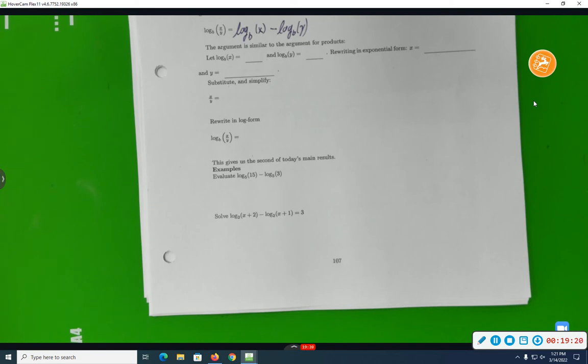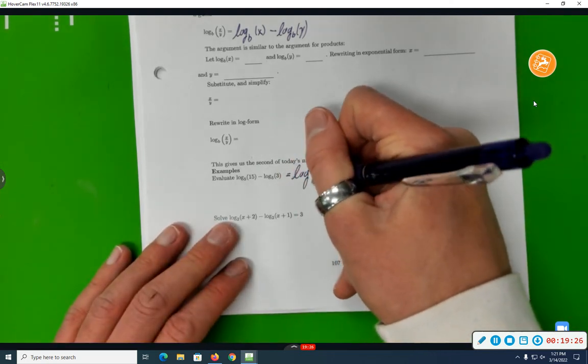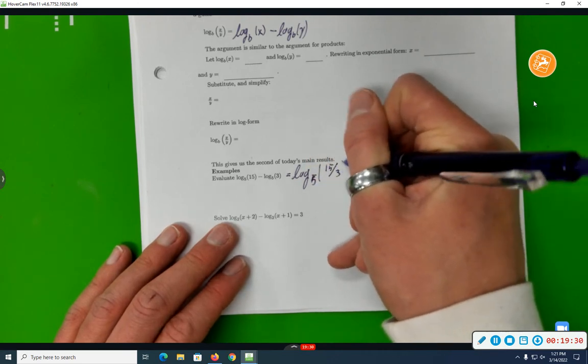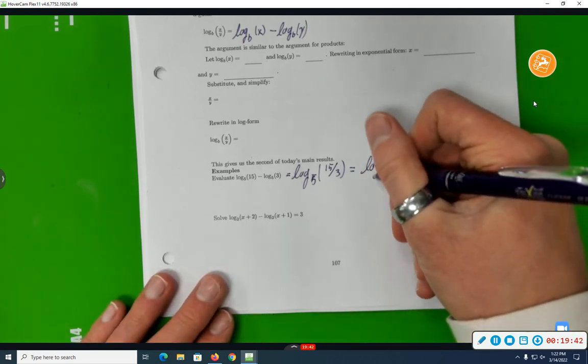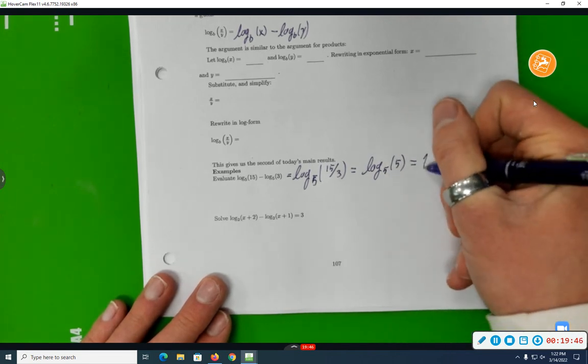Subtraction outside of the logs becomes division inside of the logs. Log base 5 of 15 divided by 3. And now let's keep simplifying. What's 15 over 3? 5. So this becomes the log base 5 of 5, which is equal to 1.